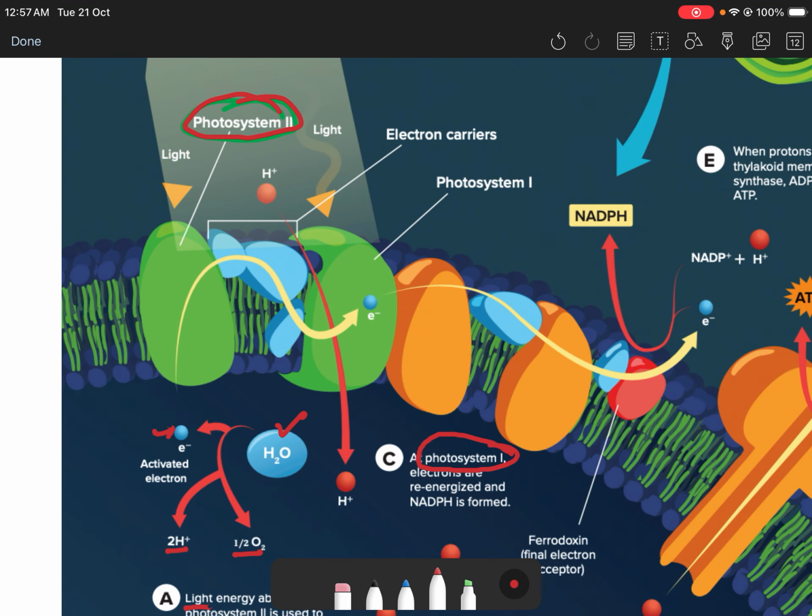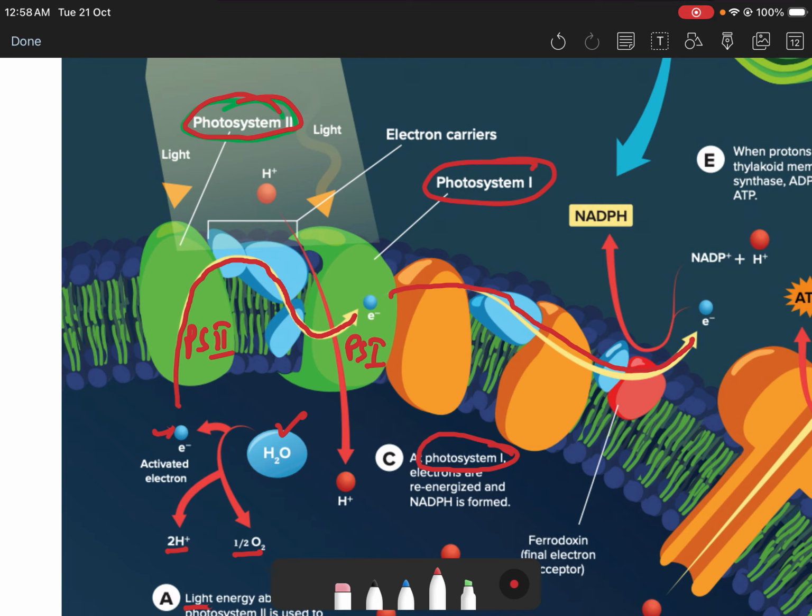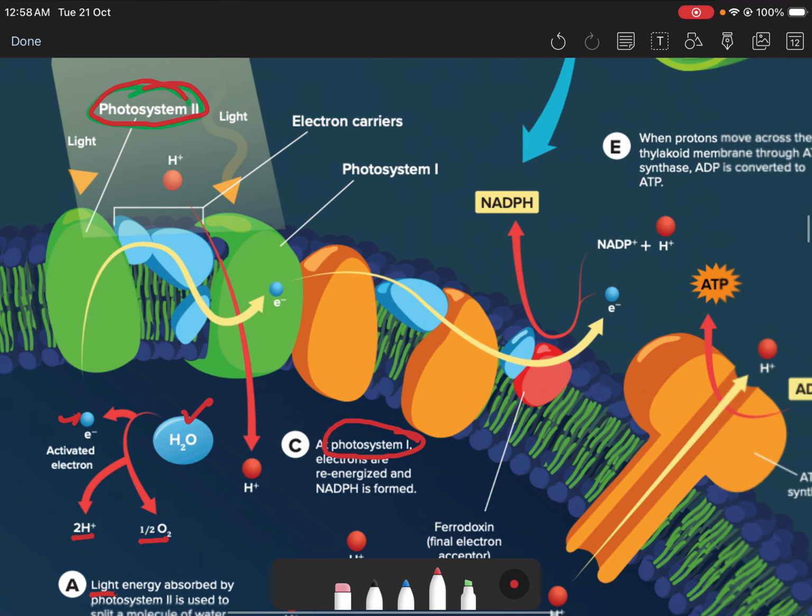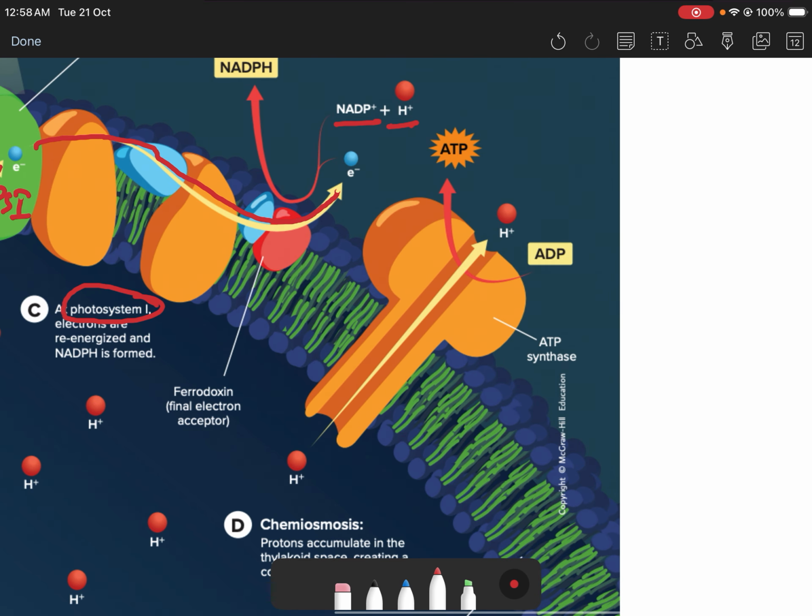After that, these move to the photosystem 1. Okay, so this is PS2 and this is PS1. The electrons move from here, go all the way through the electron transport chain, go to PS1, where they are further transported out into the stroma and help in the conversion of NADP plus H plus into the final product, that is NADPH. This is one of the products. We have another product that is called ATP, and that is made by this enzyme.